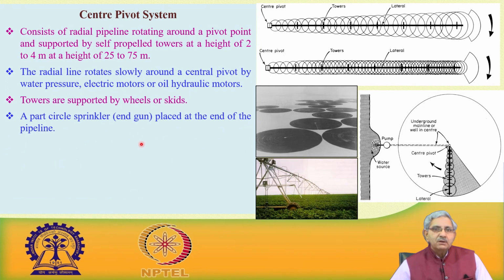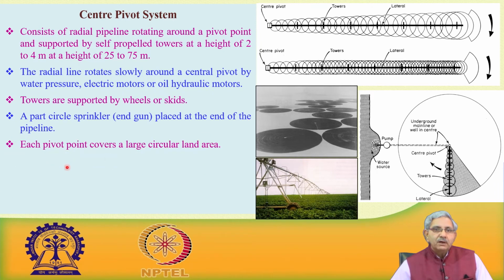A part-circle sprinkler end gun is provided at the end here, in order to spread the water at this end so that the corners can be easily irrigated.